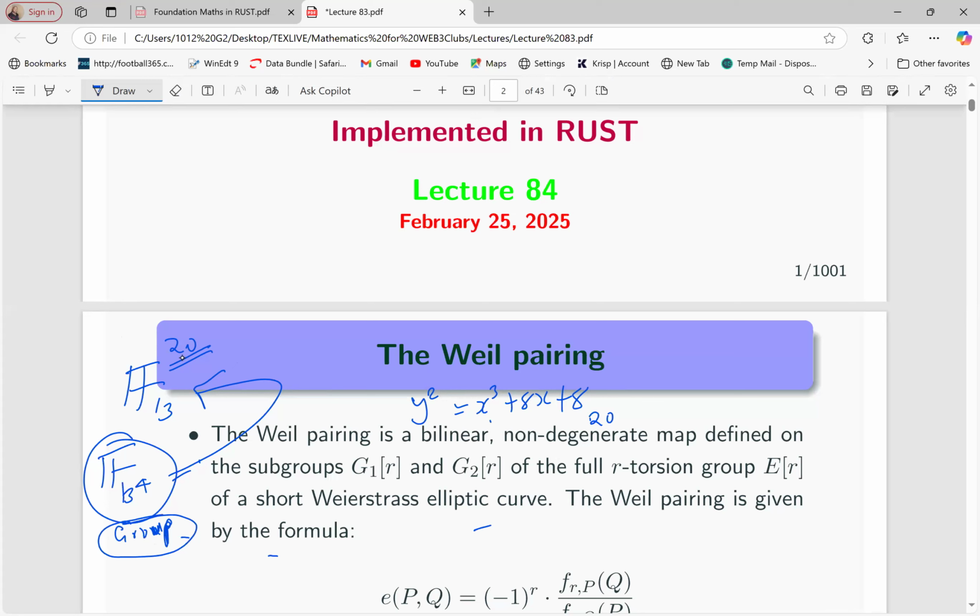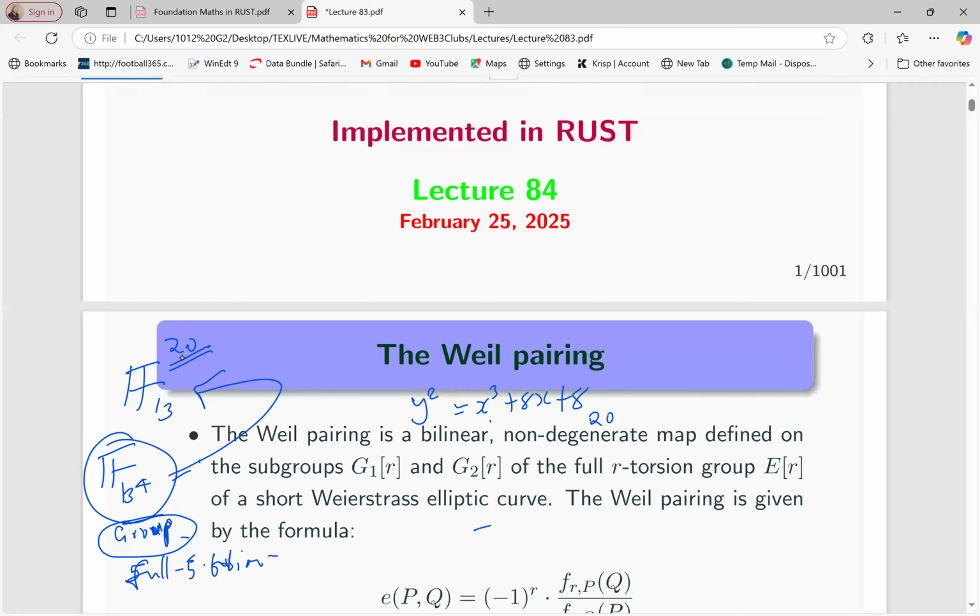A subgroup of this group, which we shall call the full 5 torsion group. A full 5 torsion group is what we want. This field has more points, but we are not interested in all of them. Because of security, we just want a section of these points, the 5 torsion.